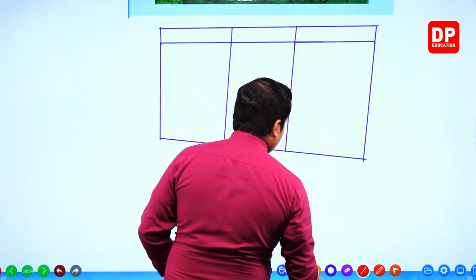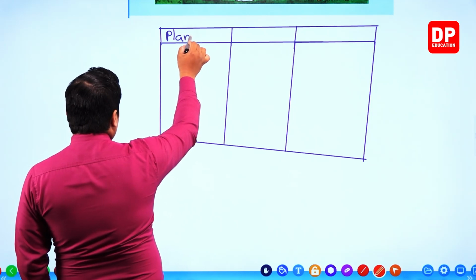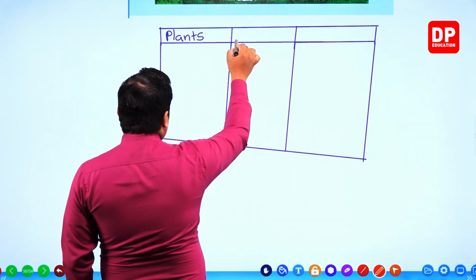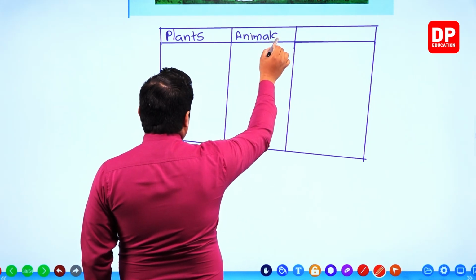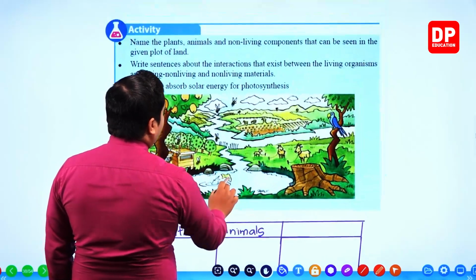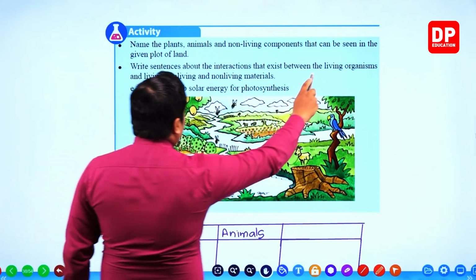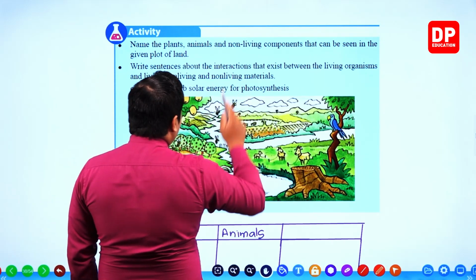Right, so plants, animals, right? Plants, animals, then what is the other one, my dear children? Non-living things, right? So living organisms and non-living materials.